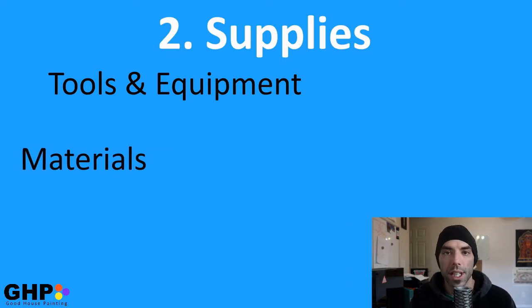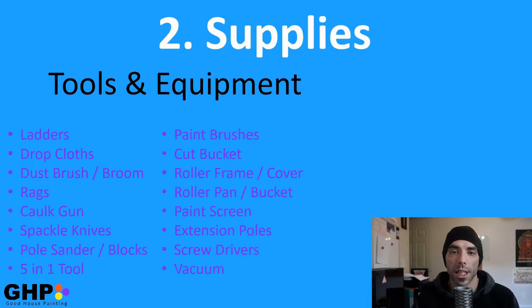Typical tools that you'll need to get the average paint job done are ladders, brushes, drop cloths, dust brushes or brooms, rags, caulk guns, spackle knives, pole sanders or sanding blocks, 5-in-1 tools, cut buckets, roller frames and covers, roller pans or buckets and grids, paint screens, extension poles, screwdrivers, and a vacuum.